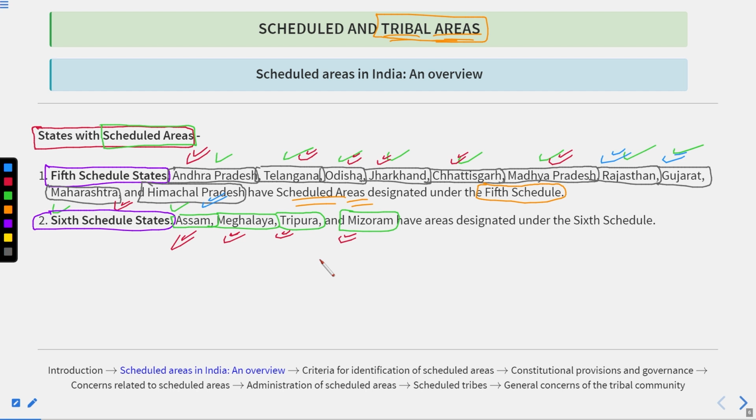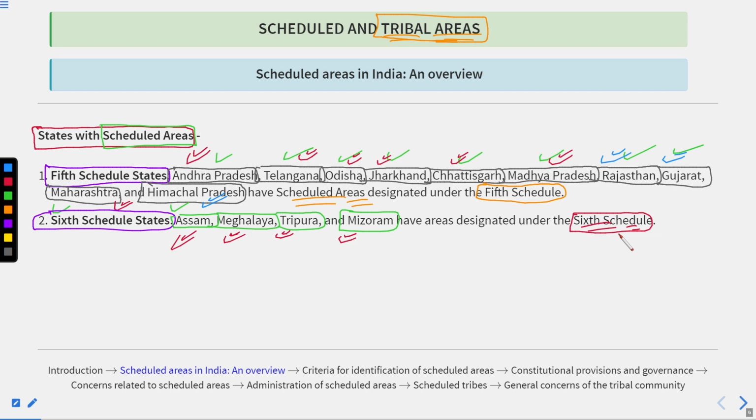Okay, so these areas are still facing the issues of tribal areas. However, through the schedules, we were trying to provide them special administration, but still their aspirations have not been fully satisfied, and that's why we can see different types of agitations against the state of India by the tribal peoples.